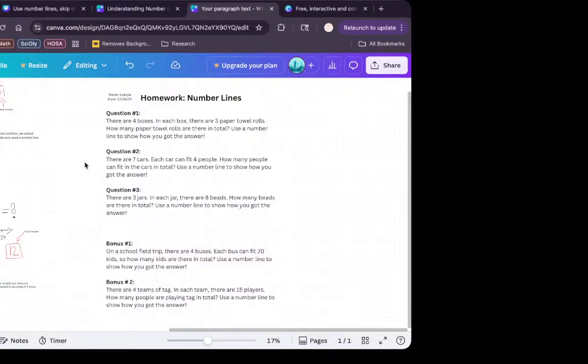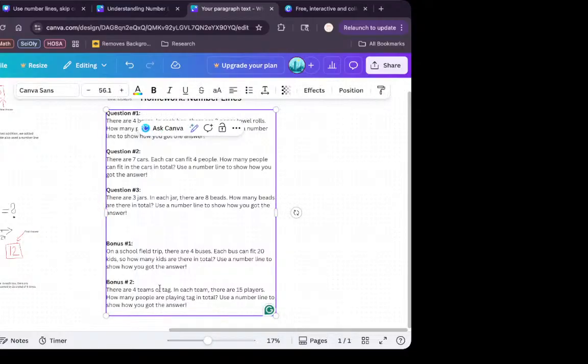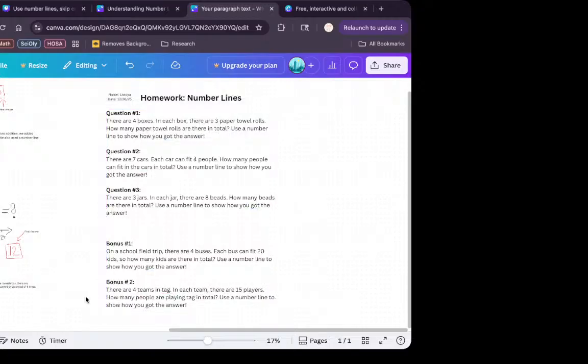And for the second bonus question, there are 4 teams in tag. In each team, there are 15 players. How many people are playing tag in total? Use a number line to show how you got the answer.